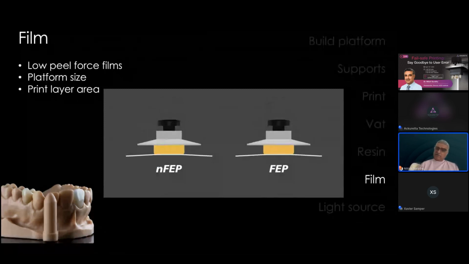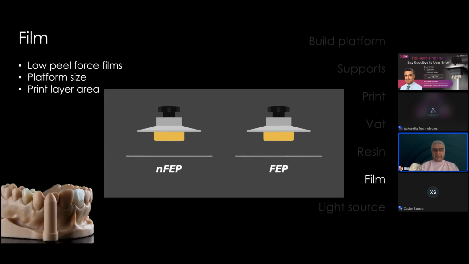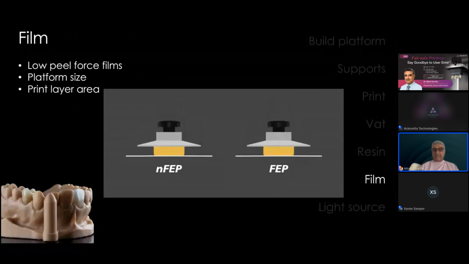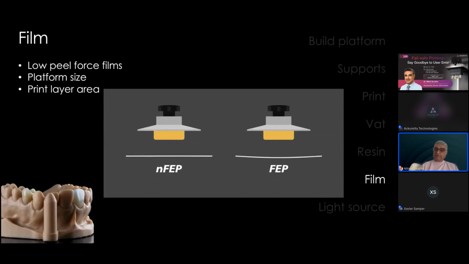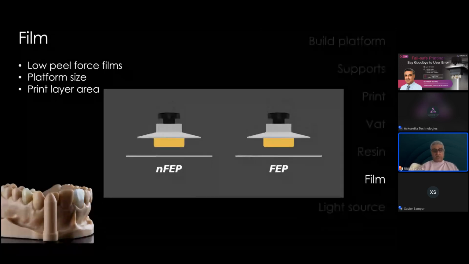Let's talk a bit about film. Film, as I said, is at the bottom of the vat. And every time the platform comes down on the film and tries to pick up a layer that it has printed, it encounters a peel force. If you have FEP films, those films flex much more and have much higher peel forces.